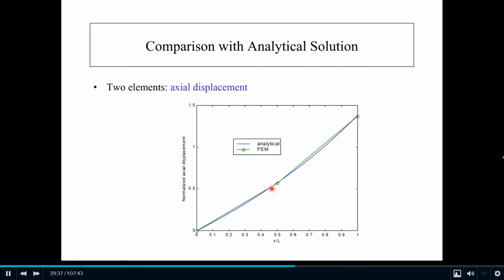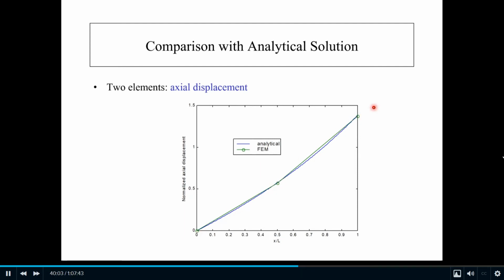So this is U1, U2, and U3. These two we obtain from FEM, and this one from the boundary condition. And then the displacement within the element you draw as a straight line, which is the green line here, within element 1. And you have another green line here for element 2. It's a straight line.